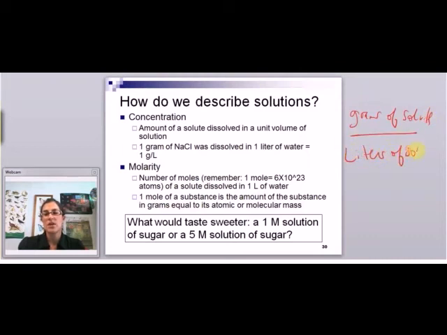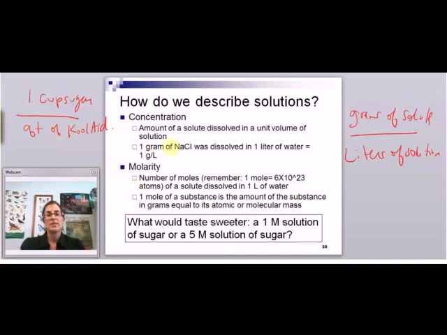So that's using the metric units. Just to give you a more everyday example, you might have a cup of sugar in a quart of Kool-Aid, for example. So you have the amount of your solute and then the total volume of your solution.